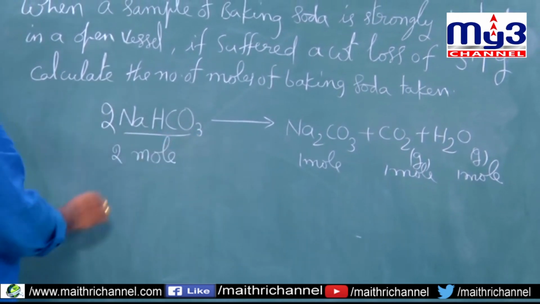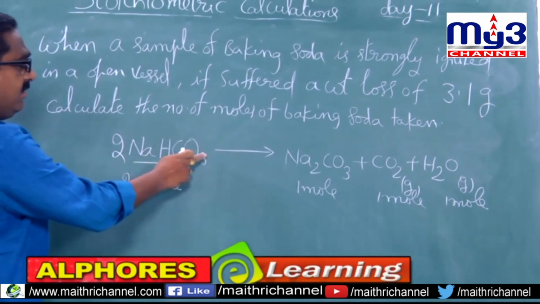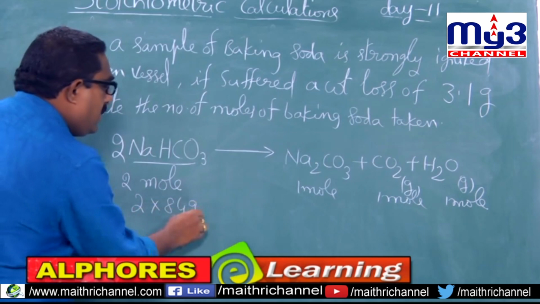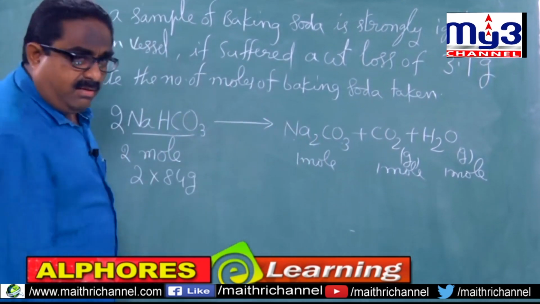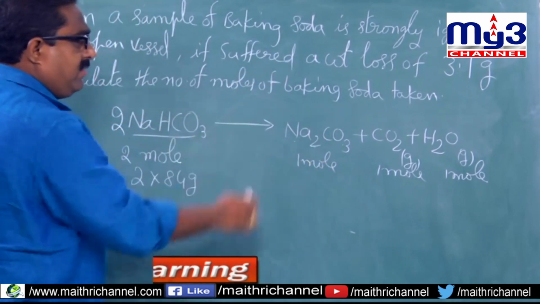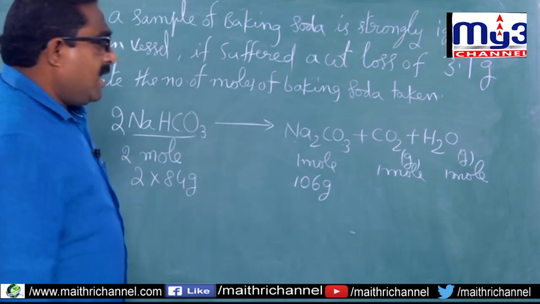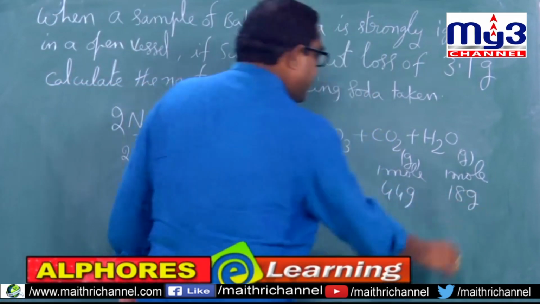Molar mass of this: sodium 23, 2 into 23 is 46 plus 12 is 58 plus 48, that is 106 grams for 1 mole. So you can write 2 into 84 grams for sodium bicarbonate. Carbon dioxide, you know the molar mass is 44 grams, water 18 grams.